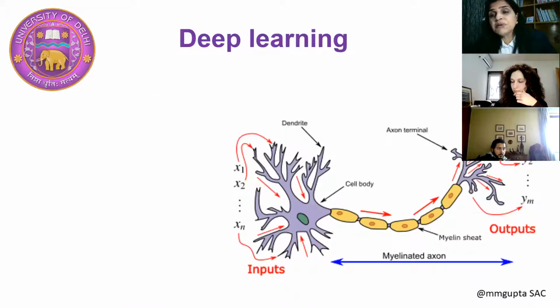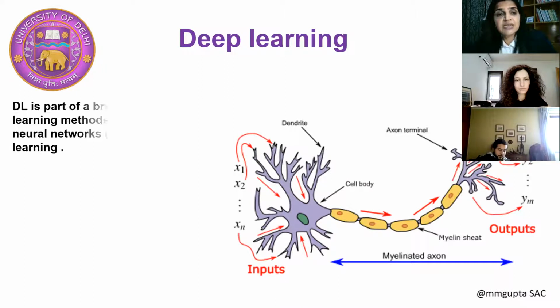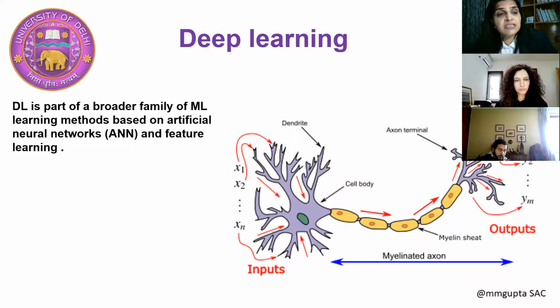Then if we come to deep learning, what is deep learning? I have tried to simplify the concept as best as I could, so that it makes sense. Deep learning is a family of machine learning methods, and it is based on artificial neural networks and feature learning.